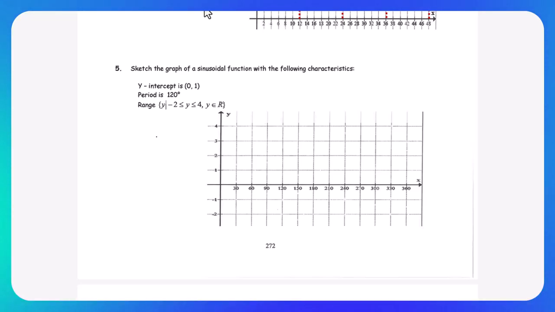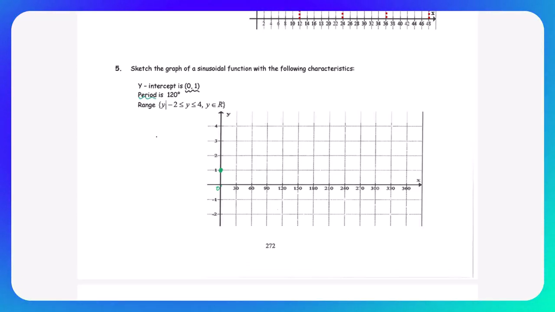A couple bits of information: we have a y-intercept at 0 and 1. So let's use a different color here, and I'm going to circle in a dot at 0 and 1. So when x equals 0, y equals 1. So we know our sinusoidal function has to go through there.